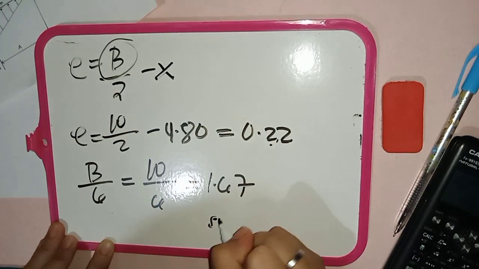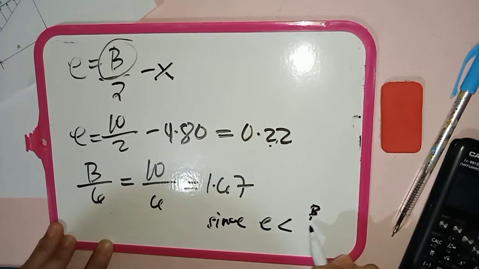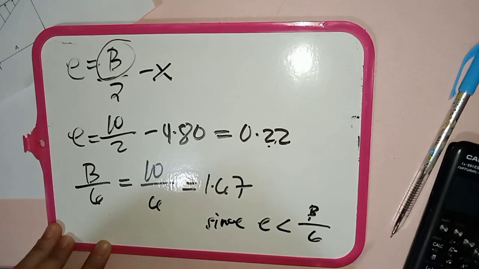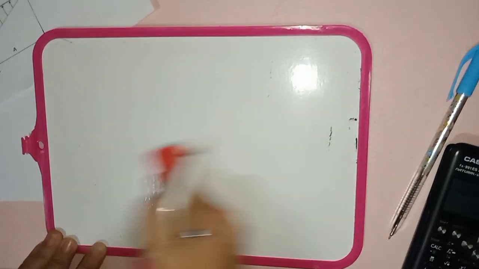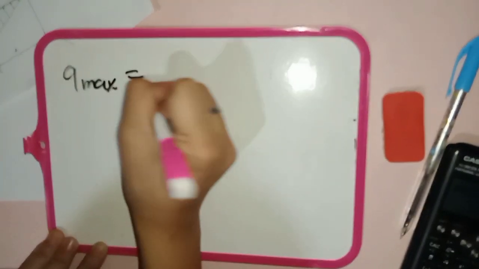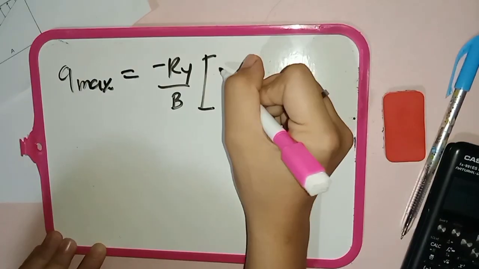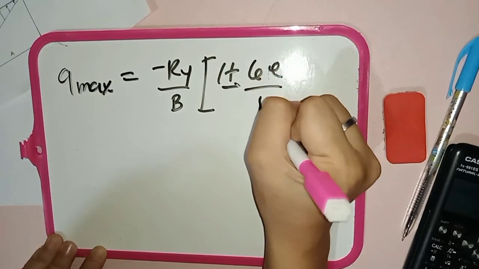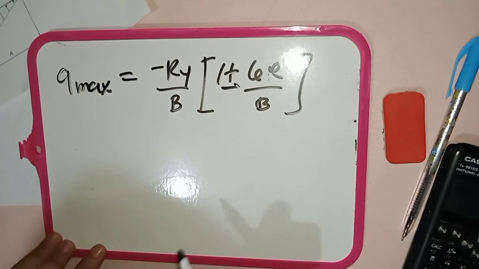Since e is less than b over 6, because 0.22 is smaller than 1.67, this is our condition. The formula is q max equals negative Ry over b multiplied by 1 plus or minus 6e over b. This is the formula when e is less than b over 6.